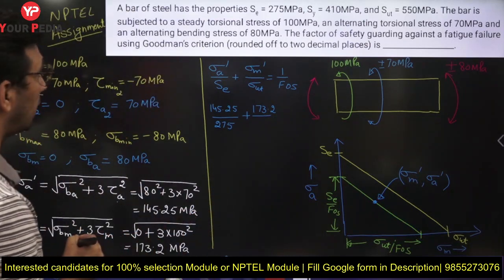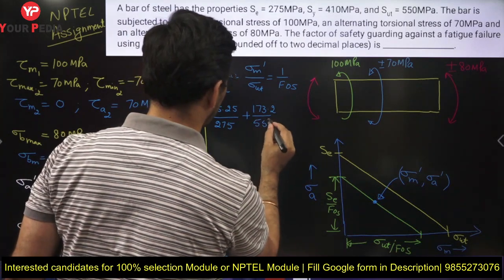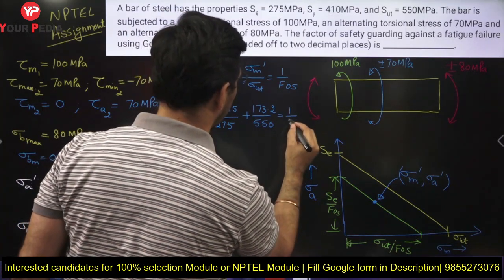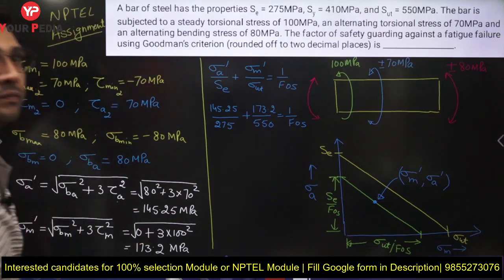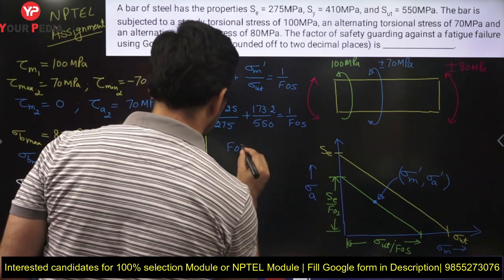Divided by the ultimate, sigma ultimate. How much is the sigma ultimate? 550, which is equal to 1 by factor of safety. Right? Now from here I can find out the factor of safety.